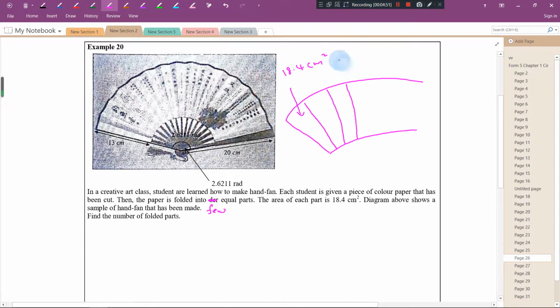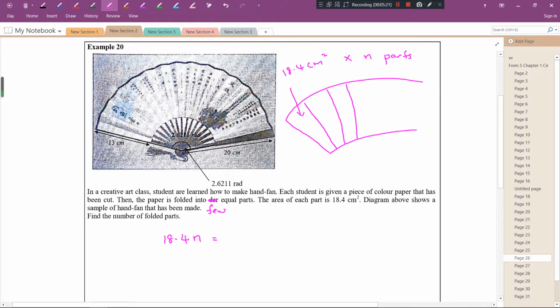So now I have n parts. So maybe 20 parts, 40 parts, I don't know. I want to find the value of n, the number of folded parts. So I have n parts, right? So it means that 18.4 times n. When you take 18.4 times n, you get the total area for this paper, correct?